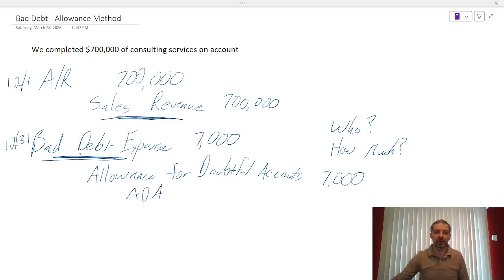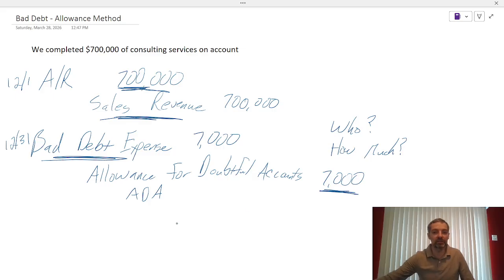The other thing that it also does is it gives a more realistic view of how much we are actually going to collect in accounts receivable, which the direct write-off method didn't do either. So what would show up on our balance sheet is $700,000 in accounts receivable. And then since this is a contra account, we would subtract $7,000 from it.